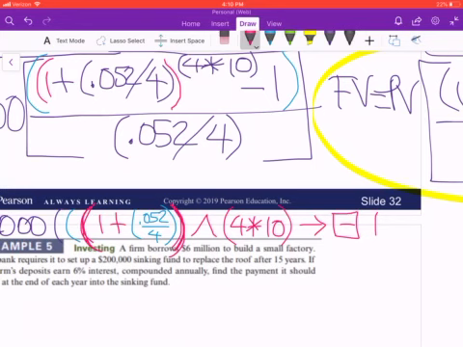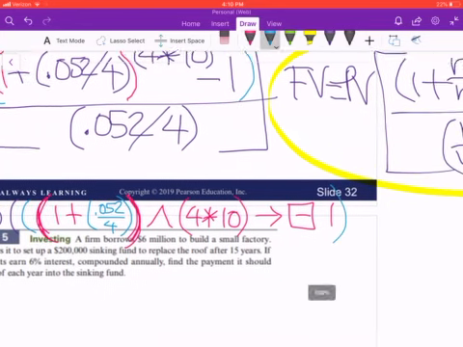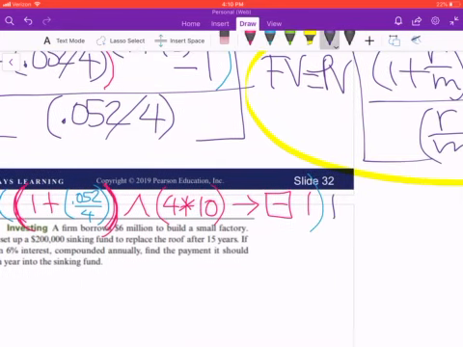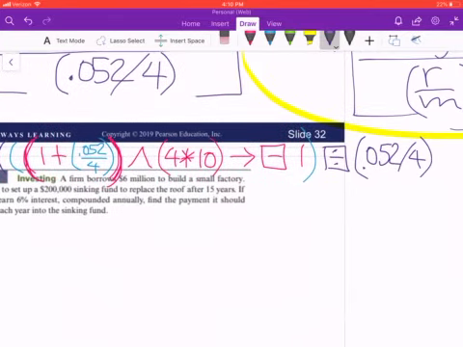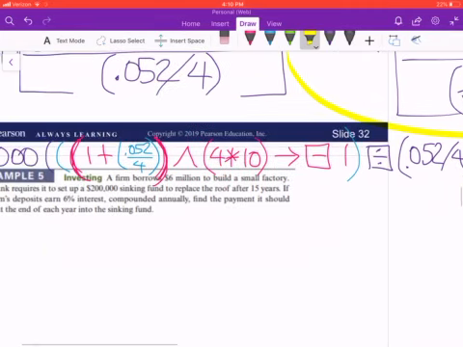Then you will close your parentheses that will enclose the numerator. Then we enter the division key, and in parentheses we will enter the r over m, so 0.052 divided by 4. Close the parentheses, and then we have to close one more time, because that will be like our bracket. That one closes this one here.